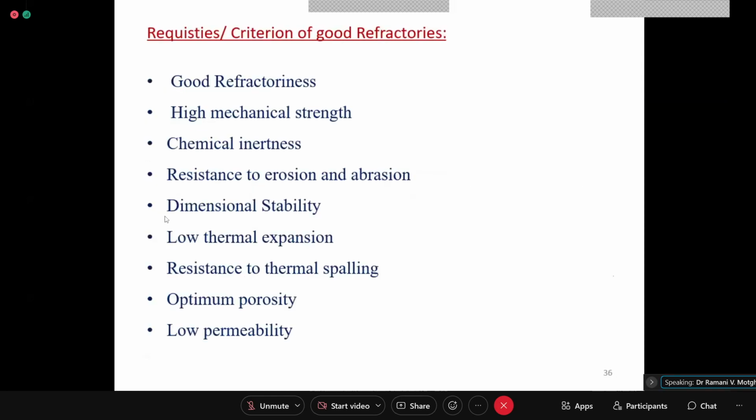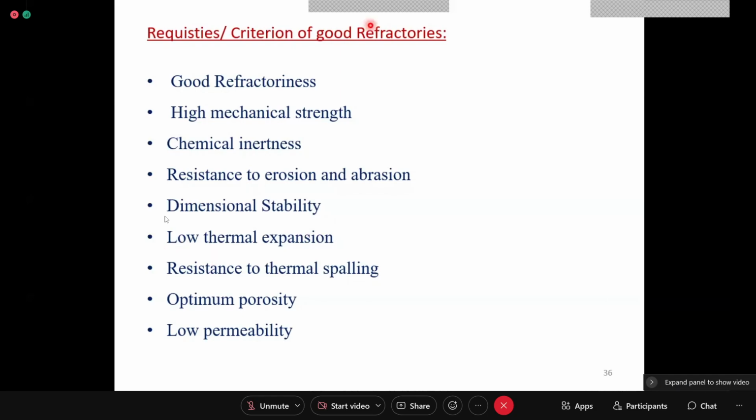Okay, so the criteria for a good refractory: it should possess good refractoriness, it should have high mechanical strength, it should be chemically inert, it should have resistance to abrasion, corrosion and erosion, and it should be dimensionally stable.